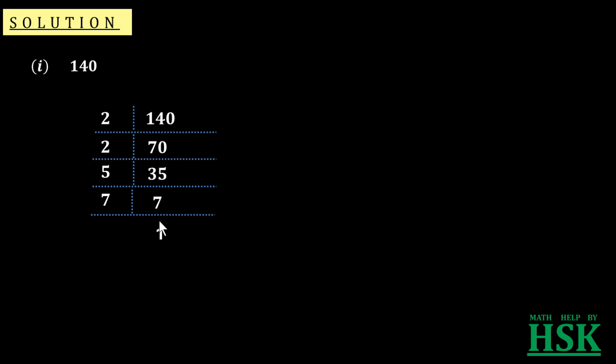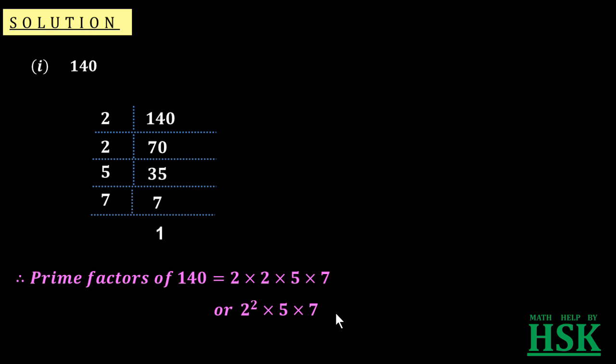And when I obtain the quotient equal to 1, the product of the divisors will be the prime factors. So the prime factors of 140 will be 2 into 2 into 5 into 7, or 2 square into 5 into 7. So this is the answer for the first part, 140.